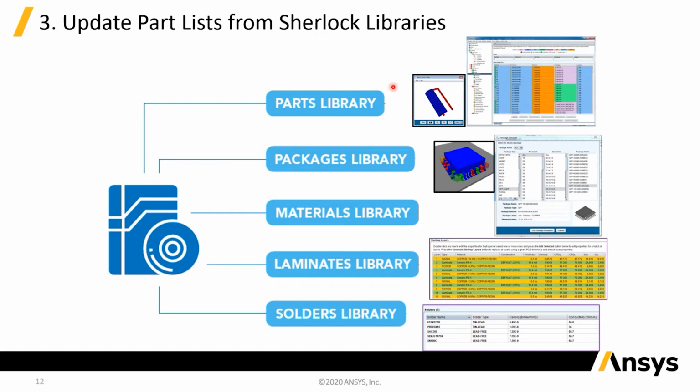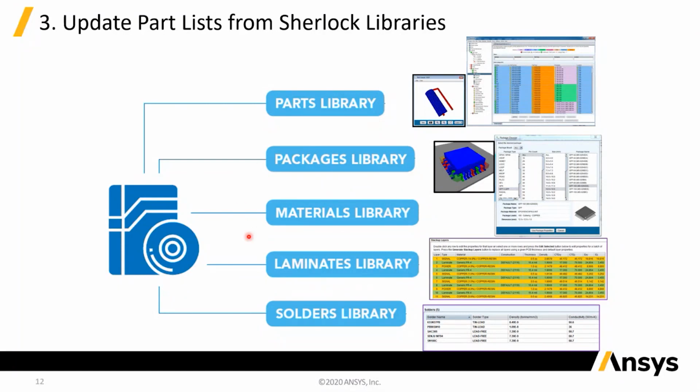Now, Sherlock has these inbuilt libraries, like the part library. We have around 600,000 electronics components that are already integrated inside Sherlock. So whenever you bring any ECAD or electronics CAD, it reads which component this is, and then based on that, it updates all the properties of that component, like the dimensions, material properties, and things like that. Similarly, it has thousands of packages inside.